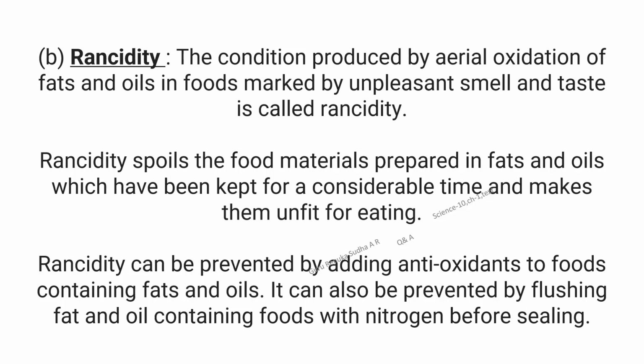Rancidity spoils food materials prepared in fats and oils which have been kept for a considerable time and makes them unfit to eat. Rancidity can be prevented by adding antioxidants to food containing fats and oils.